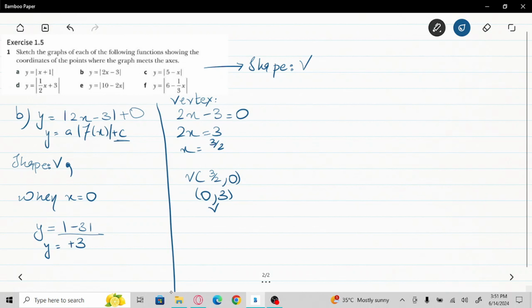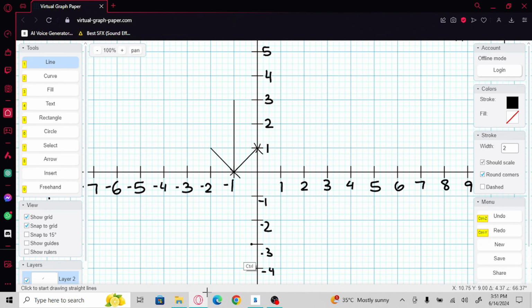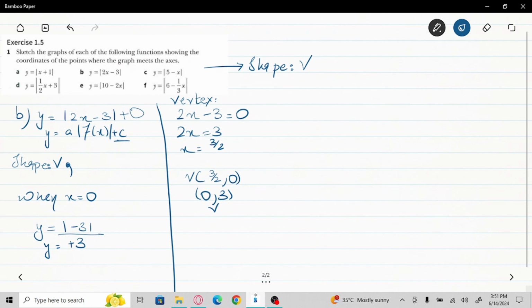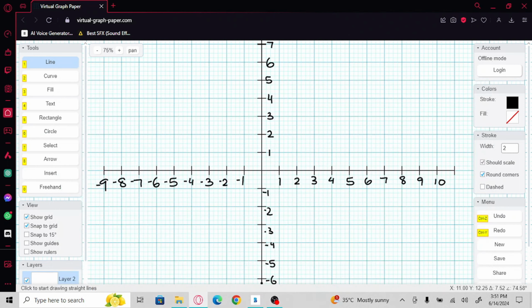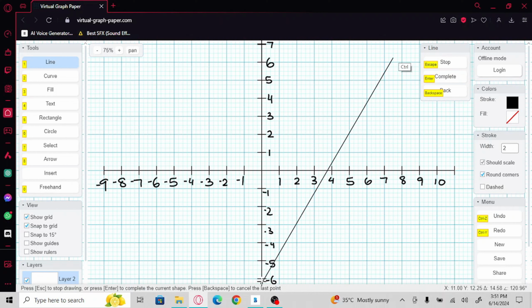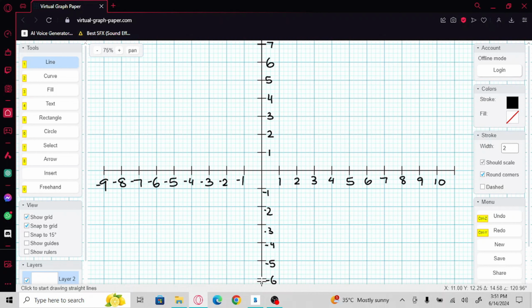The shape is a V shape. Let me erase this graph. From the values, we have 3 upon 2, 0, and we have 0 and positive 3.